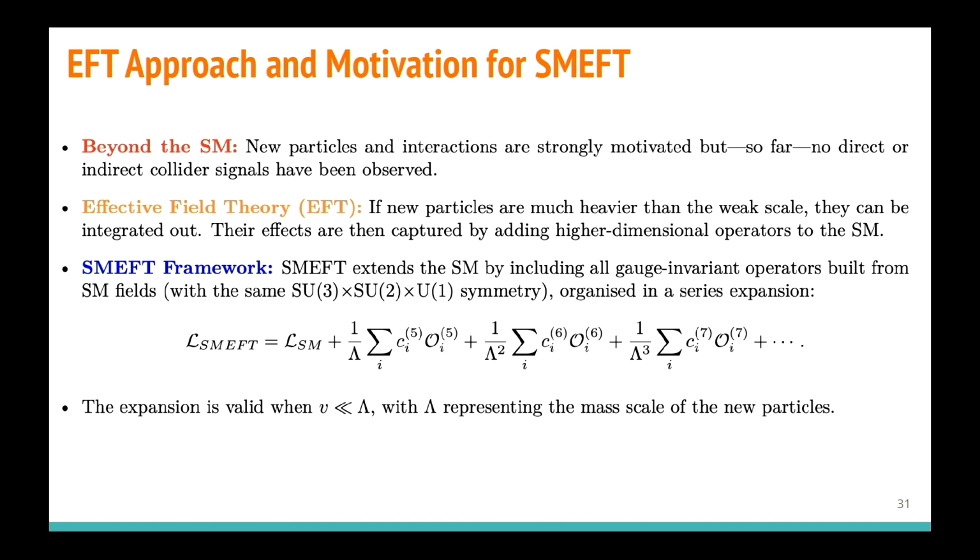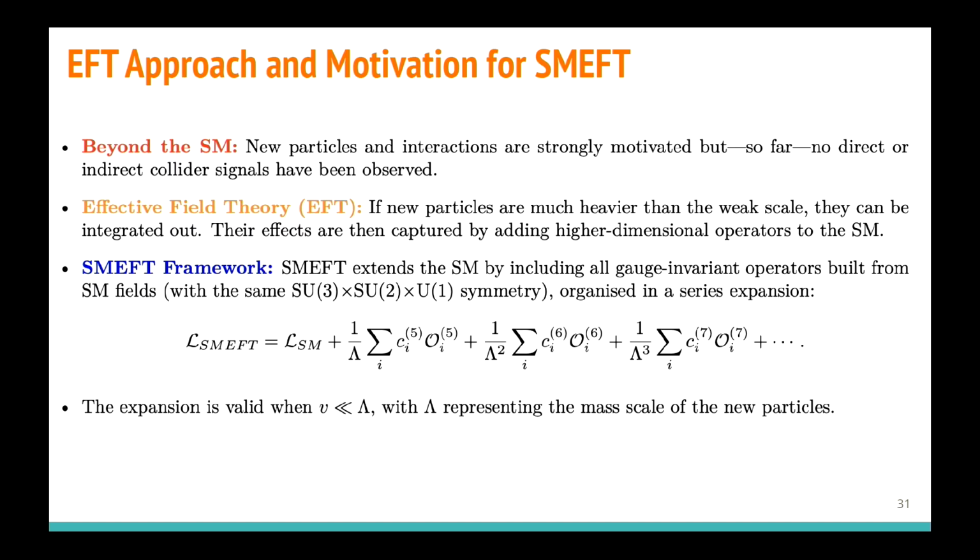We have the standard model Lagrangian piece, then a dimension 5 piece with 1 by lambda, because an operator of mass dimension 5 needs a suppression by a mass scale. Then we have dimension 6 operators suppressed by lambda squared, then dimension 7 operators, and so on. This series continues. This expansion is only valid when the vacuum expectation value is much smaller than lambda, where lambda represents the mass scale.